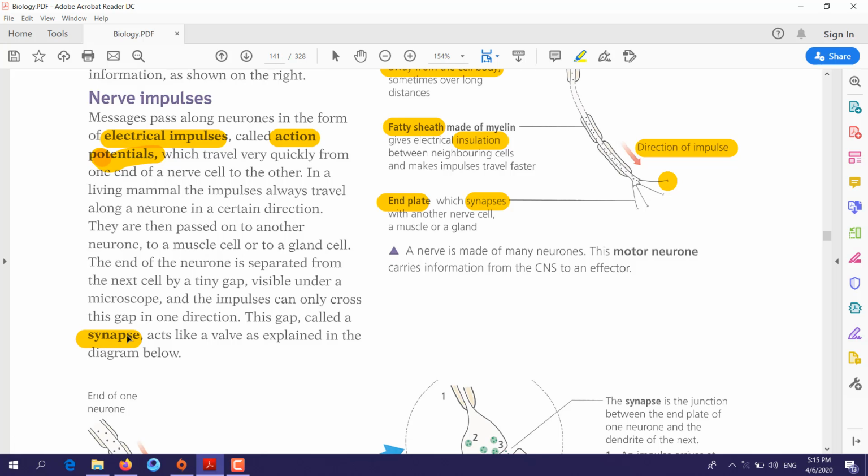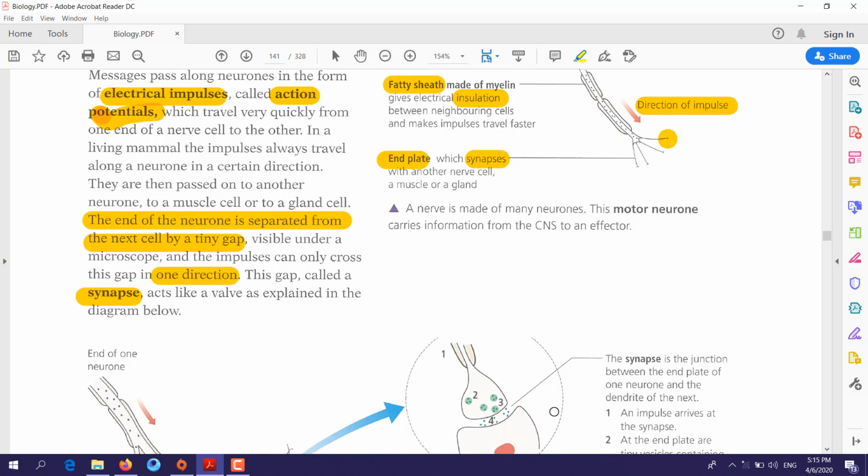Focus on this: the end of the neuron is separated from the next cell by a tiny gap visible under a microscope, and the impulses can only cross this gap in one direction. This gap is called the synapse.